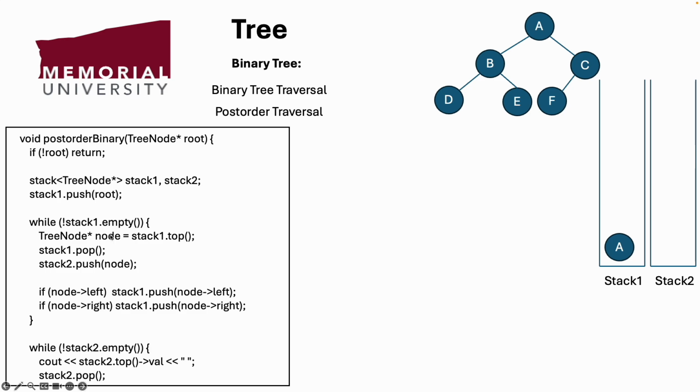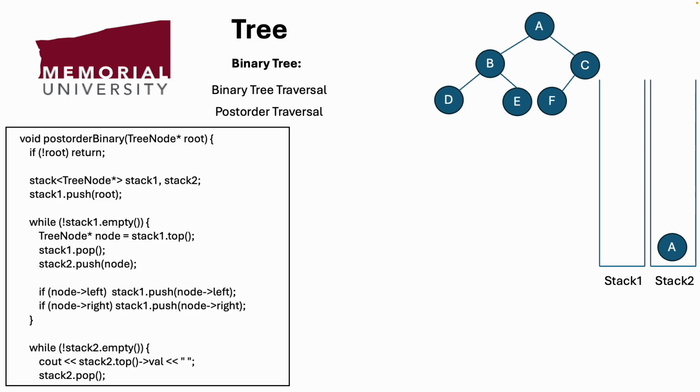And the node, okay, this node will be assigned to what? Stack top. This is node A. So stack 1 pops up. The A is going to pop up, and stack 2 will be pushed with this node. This node is pointing to what? Pointing to A, right? So A will go into stack 2.